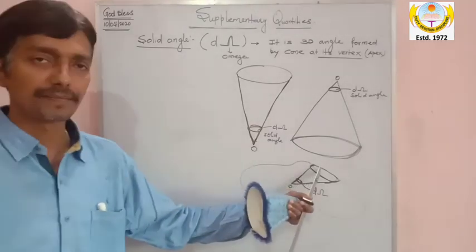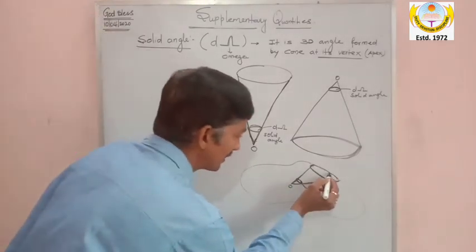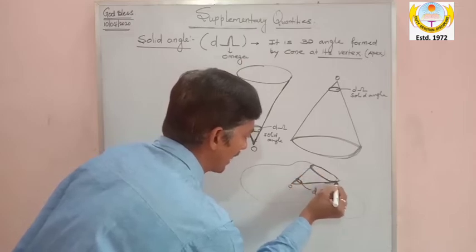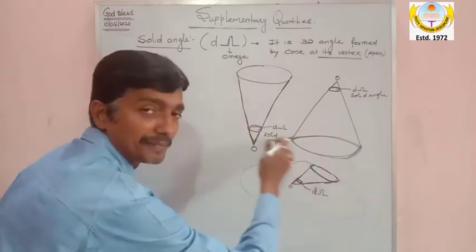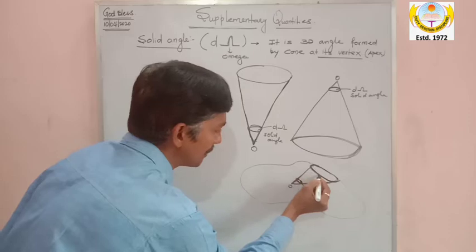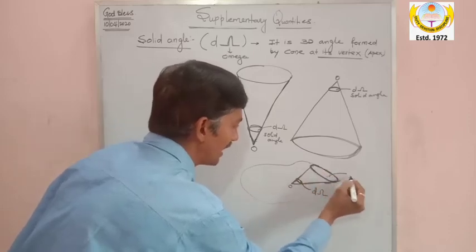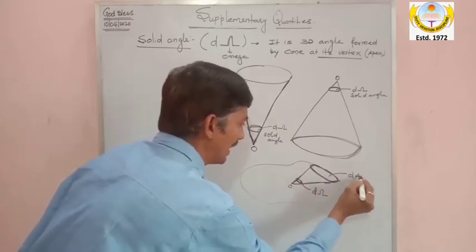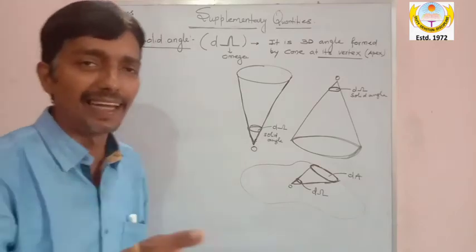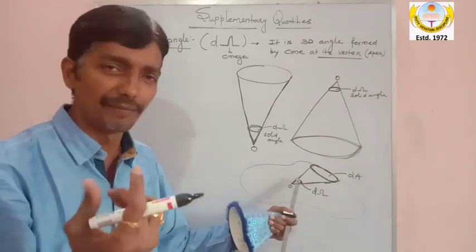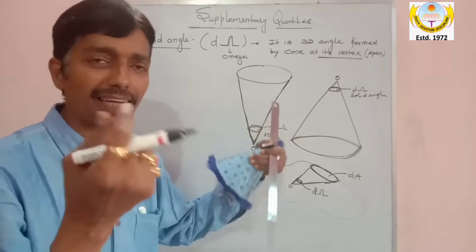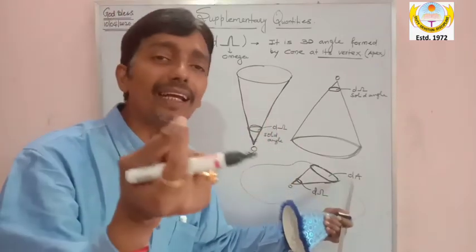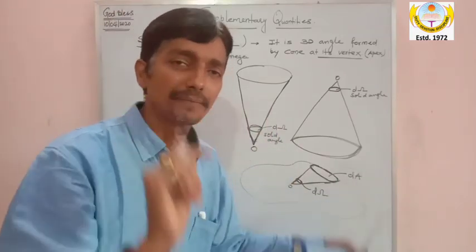And this area which is intercepted, my dear, the surface was this big, and I intercepted only this much area. This area is denoted by dA. Area is A. Since we are studying the concept of small angle, I have taken a small area intercepted.